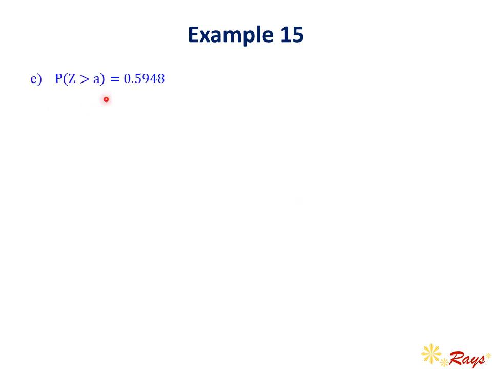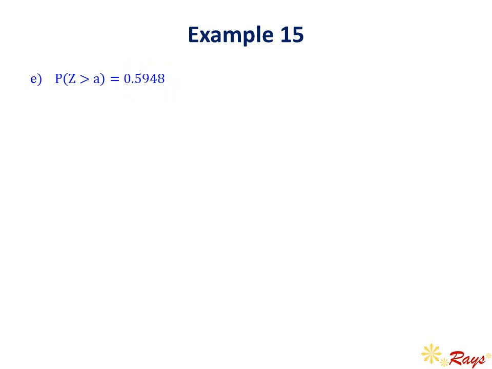Question E. Find the value of A given that the probability of Z greater than A is equal to 0.5948. Observe that the probability is slightly bigger than 0.5, but it is bigger than 0.5 nonetheless.